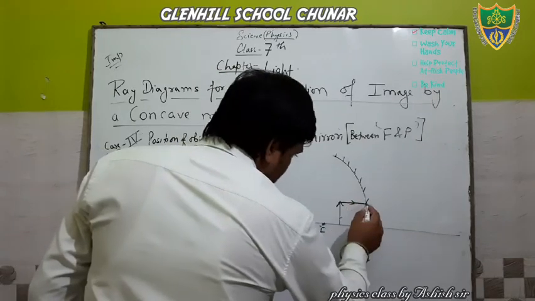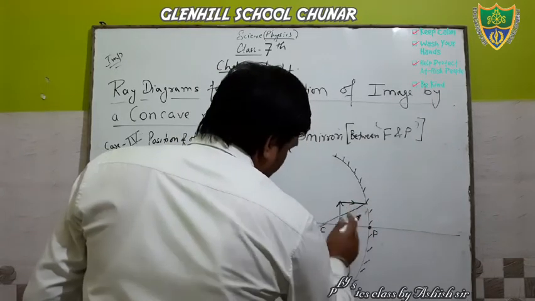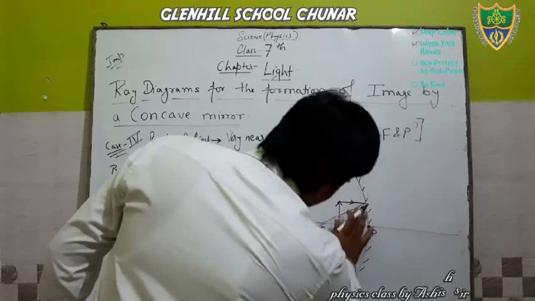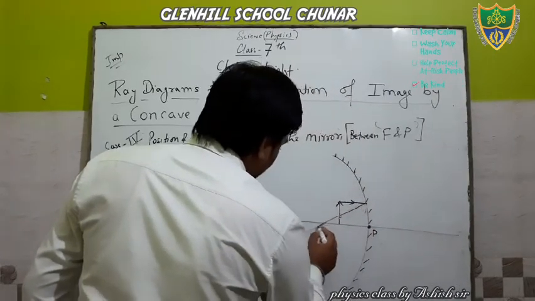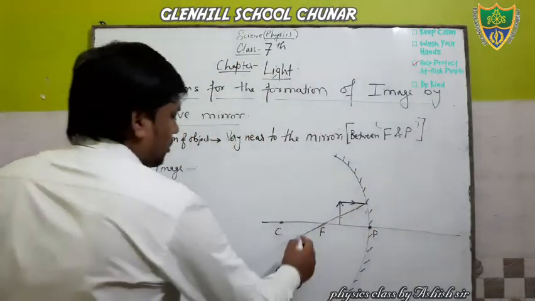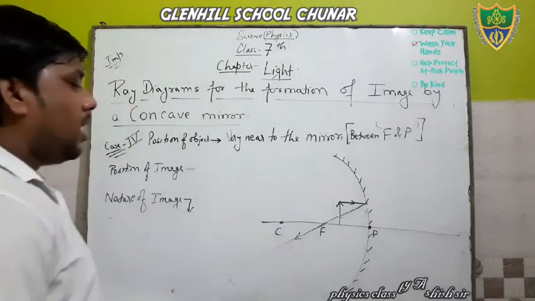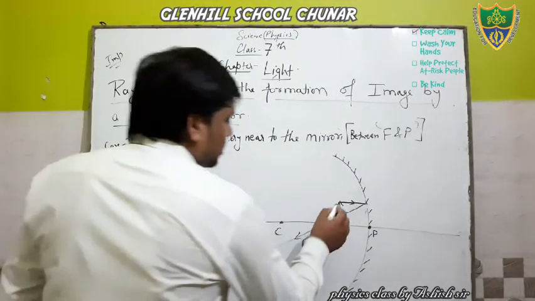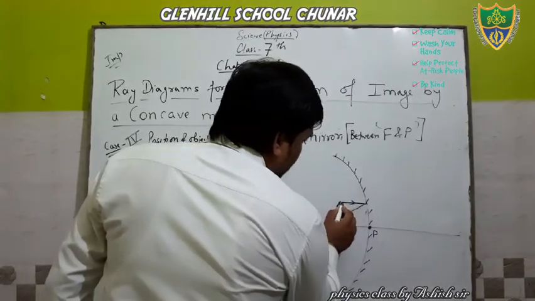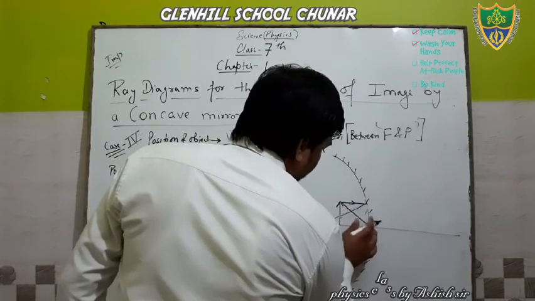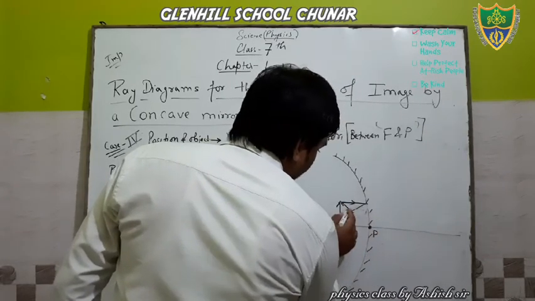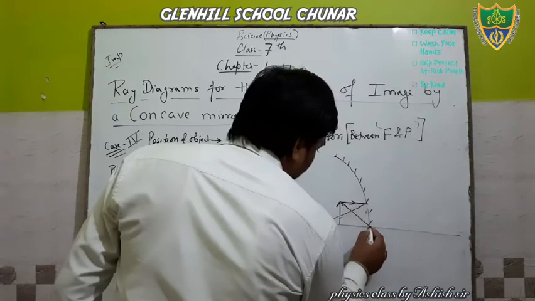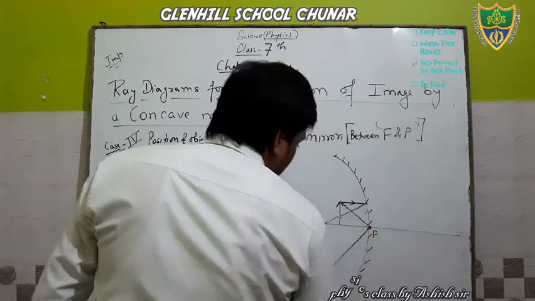This is your ray, and second ray goes to the pole, and after reflection it goes like this.